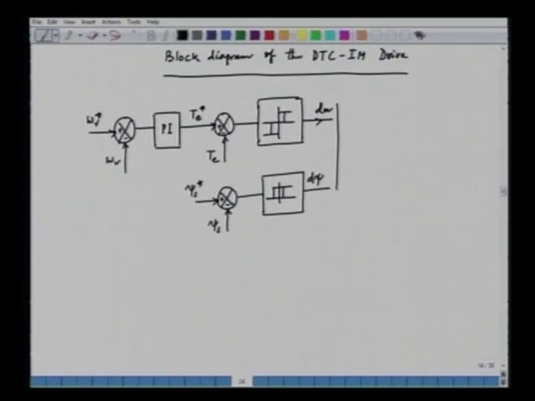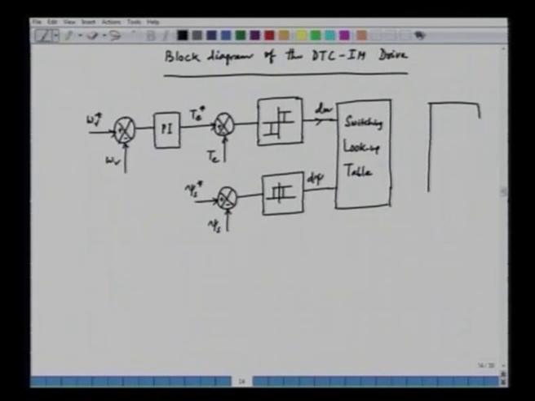And then we have the switching lookup table, and we have the VSI inverter and control. This feeds the induction motor.